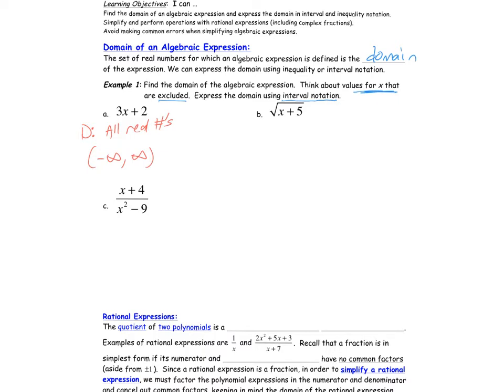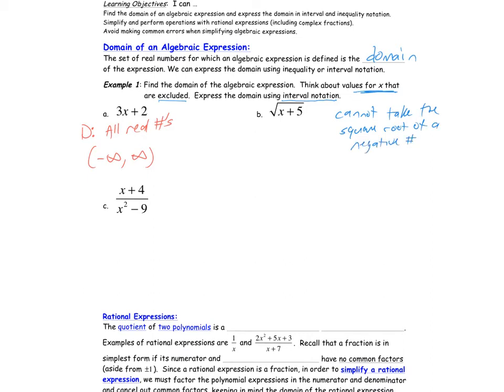In letter B, we have the expression the square root of x plus 5. We want to think about all values of x for which the expression is defined. So if we have a square root, we have to remember that we cannot take the square root of a negative number.